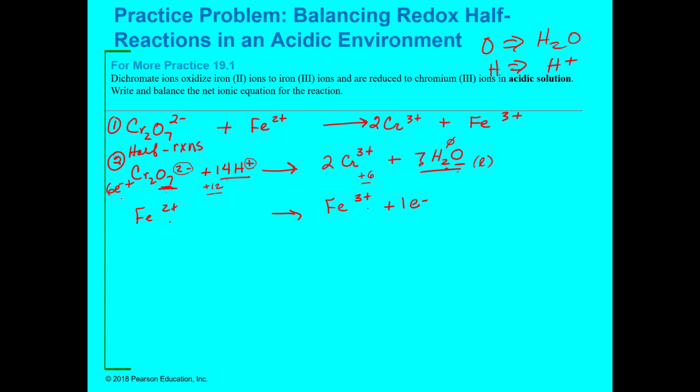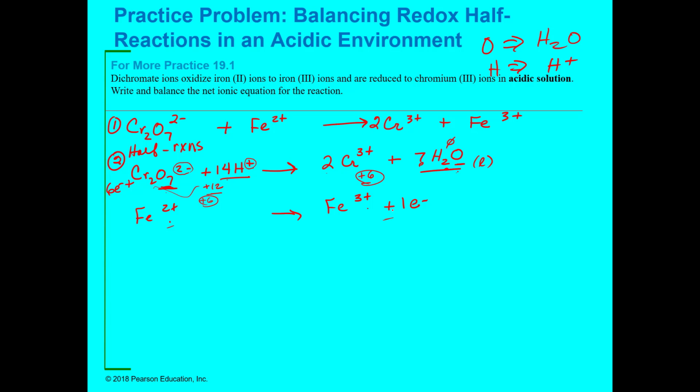So now I've got 8 negatives and 14 positives, and that gives me +6. So I've got +6 on both sides. They don't have to be 0, they just have to be the same. Just like this one is +2 and +2.